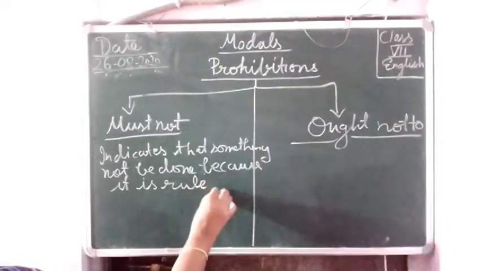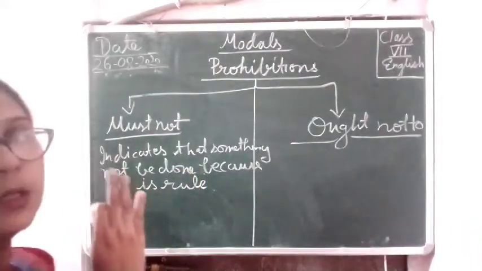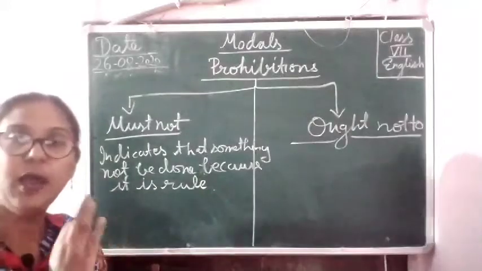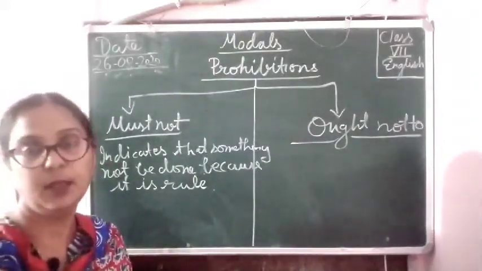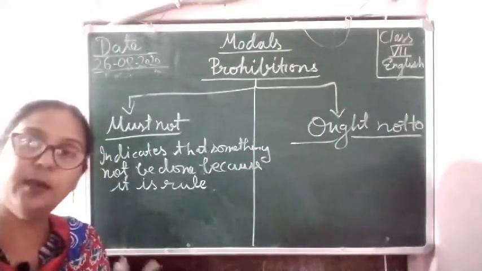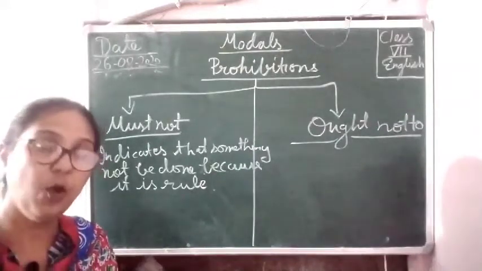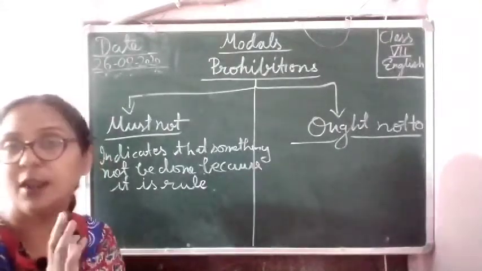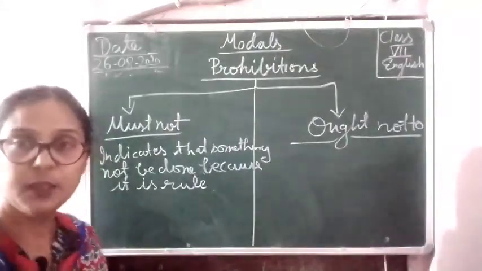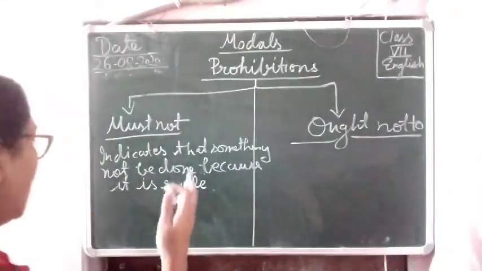So there is a rule to tell you that you must not do these things because there is a rule. So here is a compulsion, or you can say a very strict order that you cannot do these things. So what are the things?